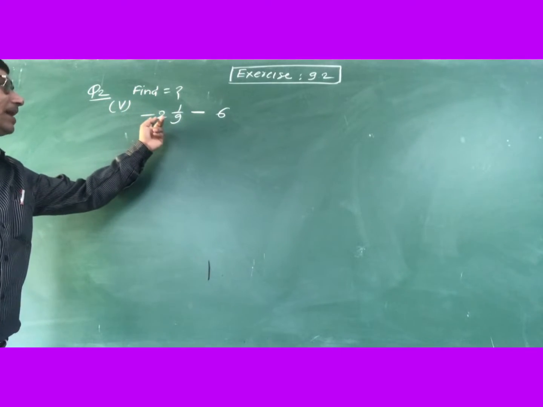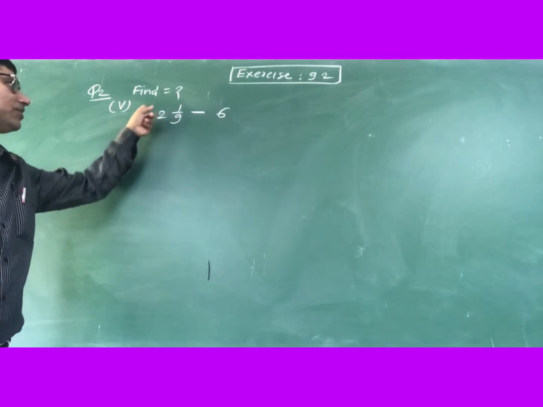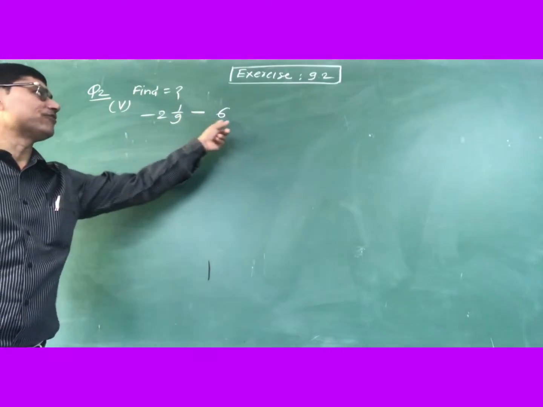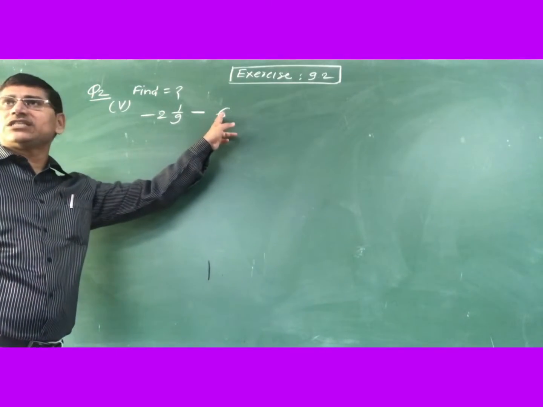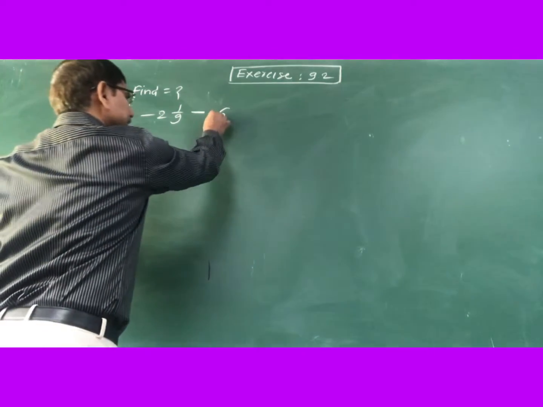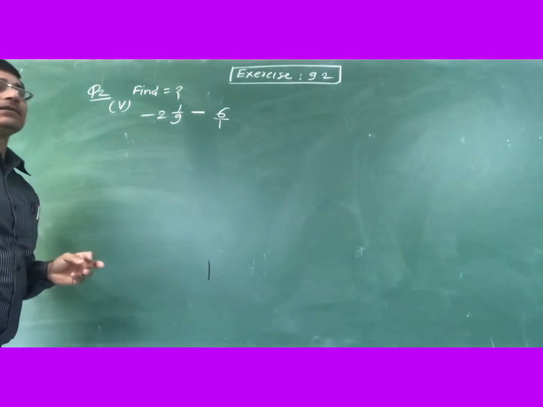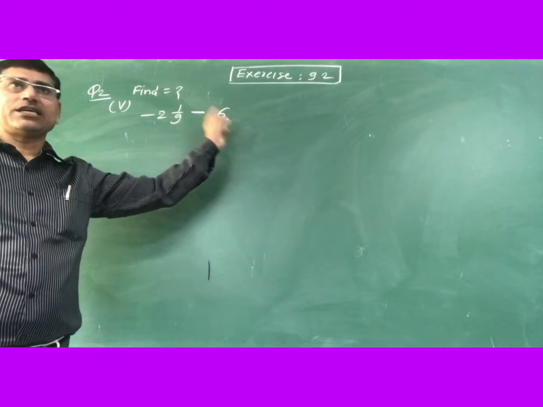Find -2 and 1/9 and -6. This is the first rational number, this is the second rational number. So first of all you will write the rational number into the standard form, that is the p by q form, by writing it by 1. So now you can see that this is a rational number in the form of p by q.